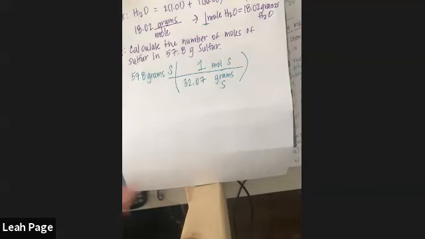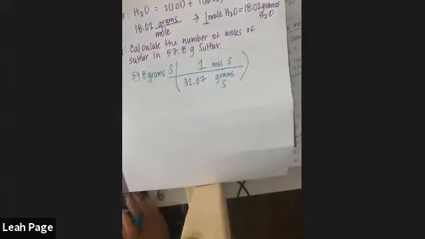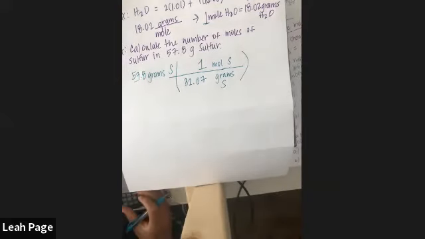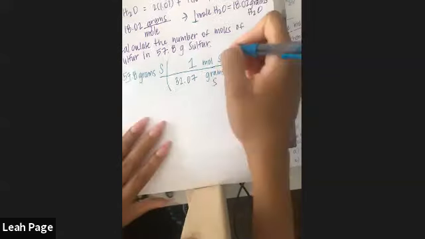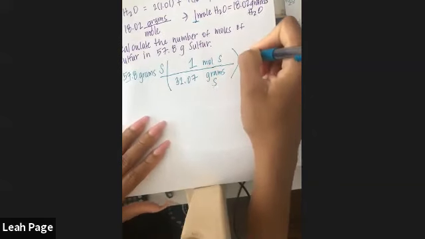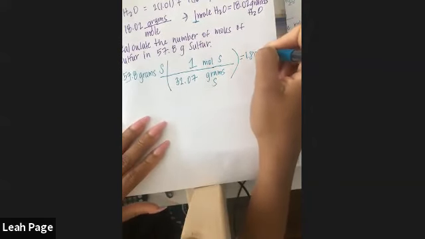I put that in my calculator. I'm going to need 3 sig figs. 57.8 divided by 32.07, I end up getting 1.80 moles of sulfur.